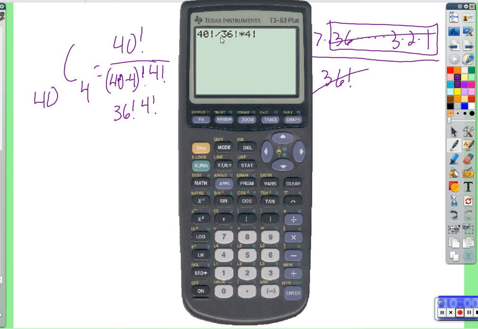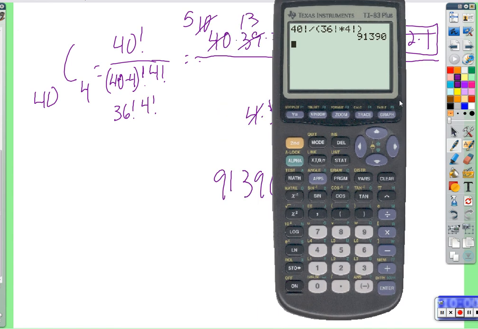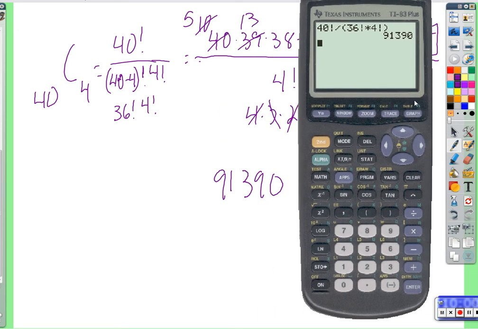It's just going to take 40 factorial divided by 36 factorial, get that answer, whatever that is. Then it's going to multiply it by 4 factorial, which is not what we wanted to do. Right? So how do we fix this mistake? Parentheses over the denominator. Insert parentheses at the end. There we go. 91,390, that's what you said though, right? Yeah, you got that.